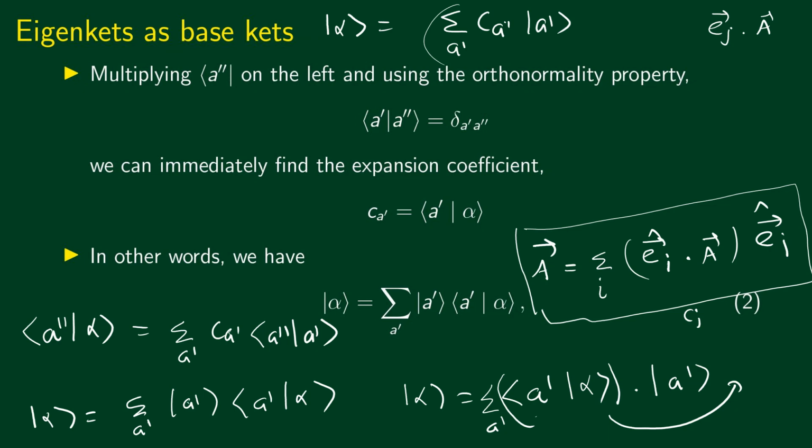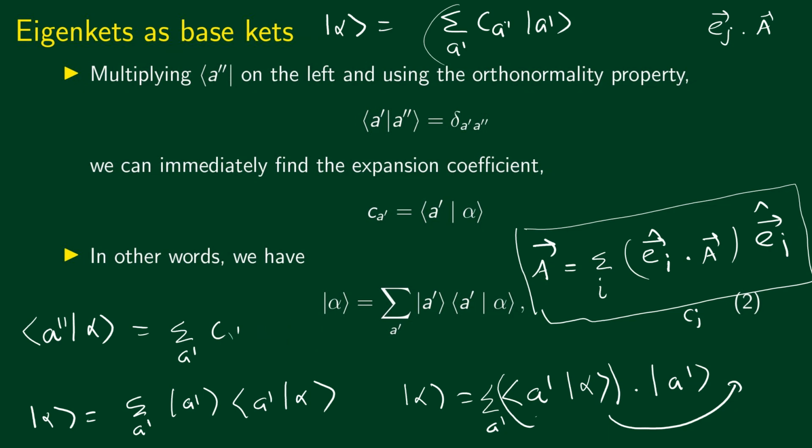So we can use associativity. You can think of this as ket A prime being multiplied by a number, or as the operator ket A prime bra A prime acting on ket alpha. You can think of it in any which way, and it doesn't change. This is the associativity axiom that we discussed in the last class.